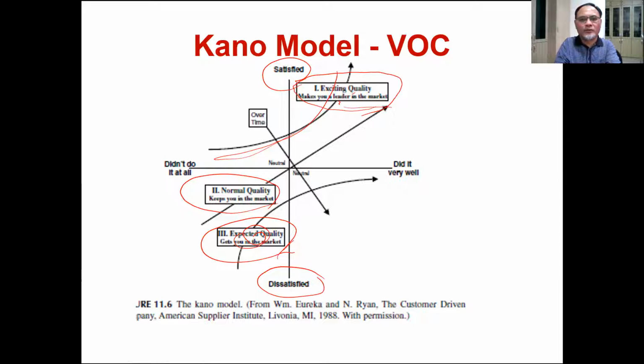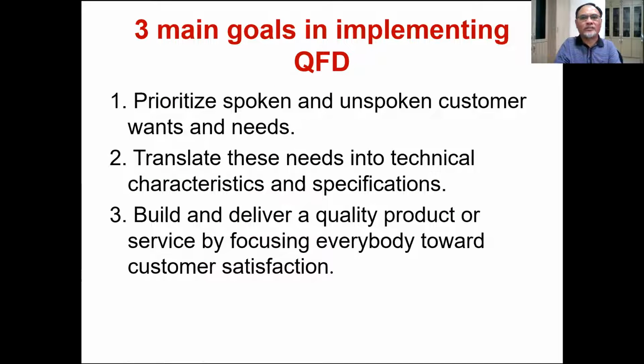So we are bombarded with new products, and of course, at this age, the tendency to follow new developments is lesser and lesser. So the three main goals in implementing QFD, I'm not going to go through, you can read it by yourself.